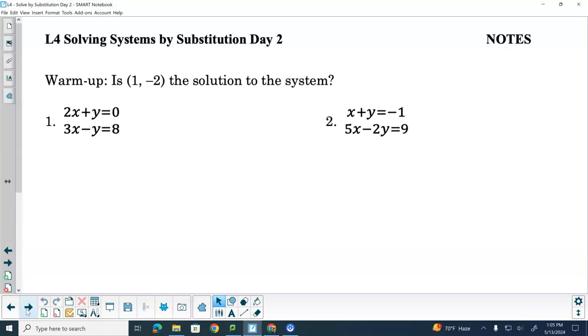Some people would give me an X. Because the check mark to me means something different, and so the word yes means yes. The word no means no. It is a solution. It isn't a solution. Those are things that we can communicate to people. So what I want you to do is answer these questions by showing your work with yes or no as the answer. Okay? Go for it.